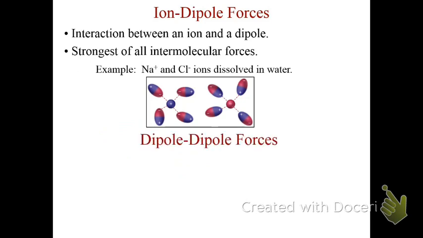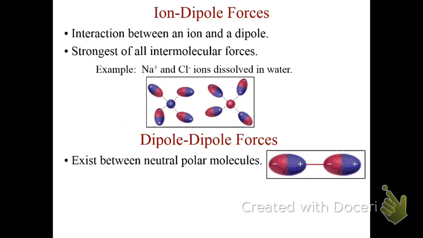The next part that comes in is our dipole-dipole. This exists between two polar molecules, the negative end of one with the positive end of the other. And this, of course, we saw was measured in many times the number of Debyes. This is going to be weaker than ion-dipole forces, but for what we're talking about, this is actually going to be sort of in the middle of the pack.